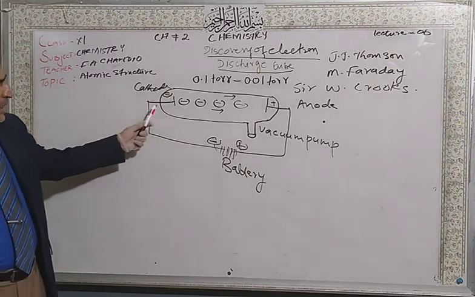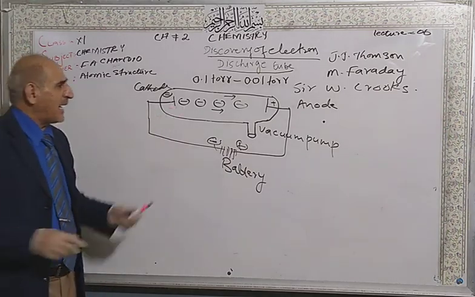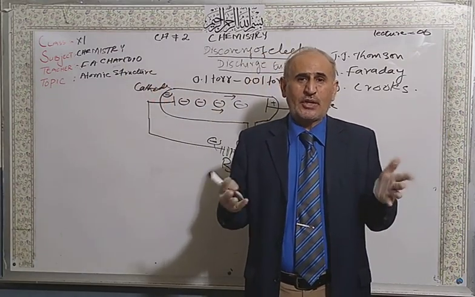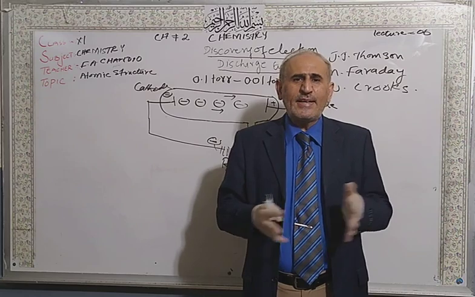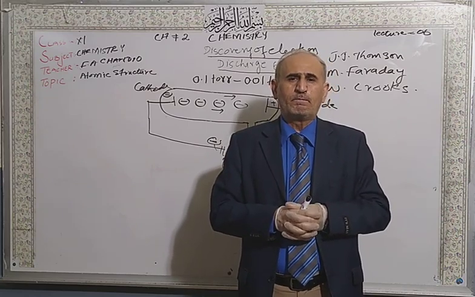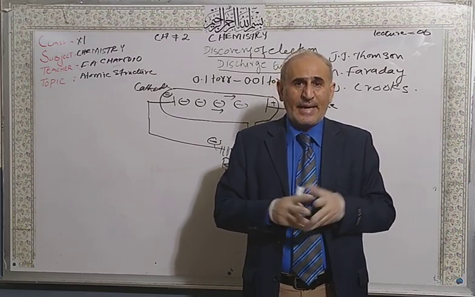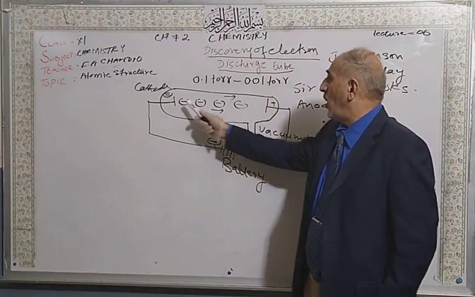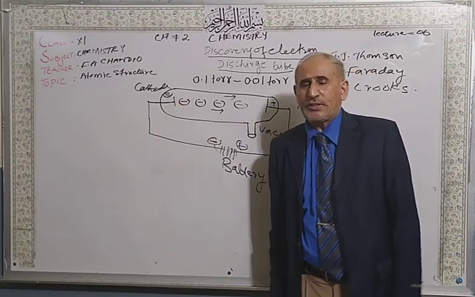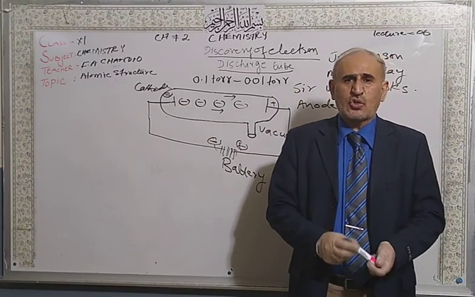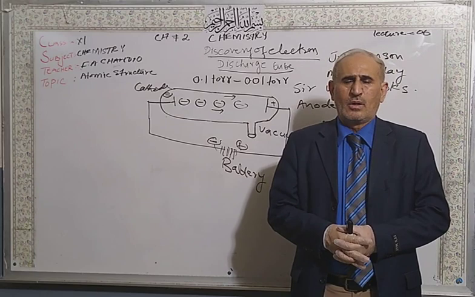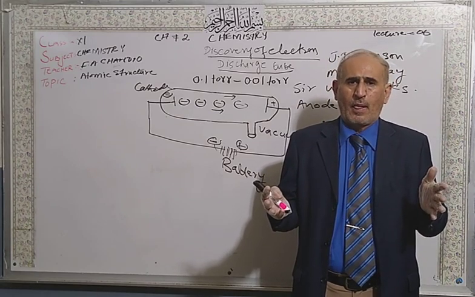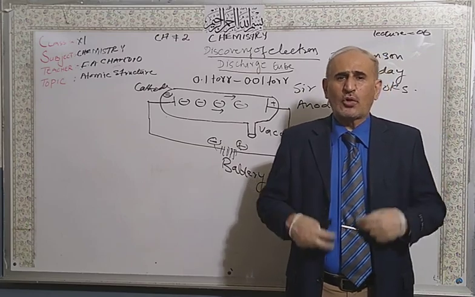So this means that the origin of the negatively charged particles is the cathode terminal, the cathode electrode. This is a very important point. You have to remember: why do we call them cathode rays?